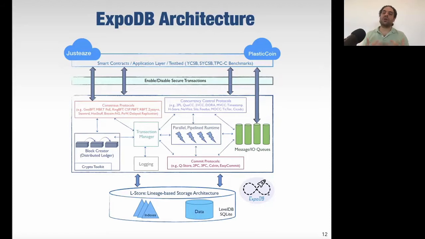It also employs other technology in the database field, such as embedded databases like Google LevelDB or SQLite. And of course, it has an application layer that supports smart contracts, and also a set of benchmarks, the standard TPC-C benchmark, YCSB, and a subset of Blockbench, which is a recent blockchain benchmark developed by the community.